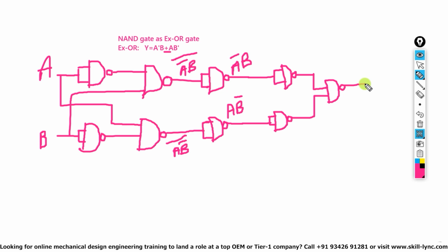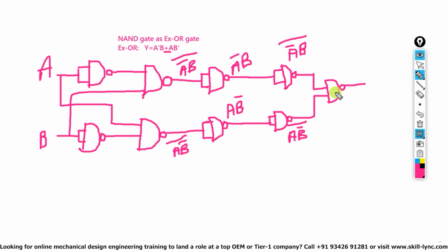Okay, so up to this point we have achieved A bar B here, so it will be A bar B whole bar, and here also A B bar whole bar. Now apply De Morgan's theorem. Take this as the first number and this as the second number, and then put a NAND gate of these two numbers.